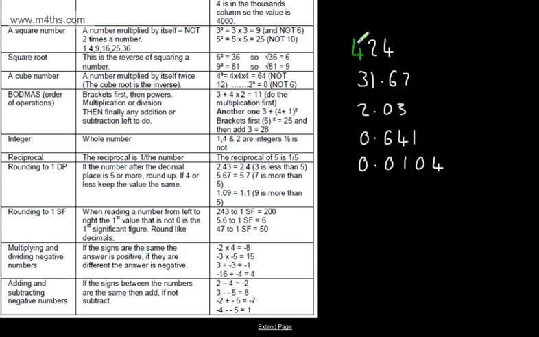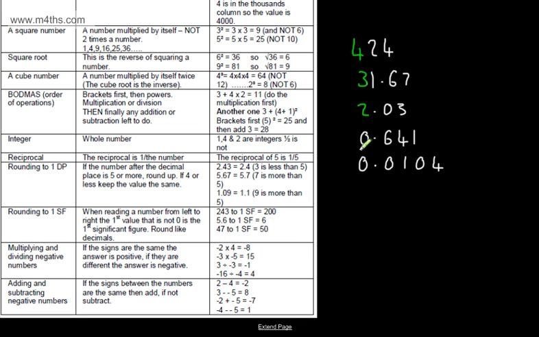So if we look, that is now the first significant figure in the number 424. So if we were rounding this now to one significant figure, we're rounding it to the nearest 100. This is the first significant figure in this number. This is tens, so if I was rounding to one significant figure, I'd round to the nearest 10. Here, the 2 is a unit, so the first significant figure is a 2.